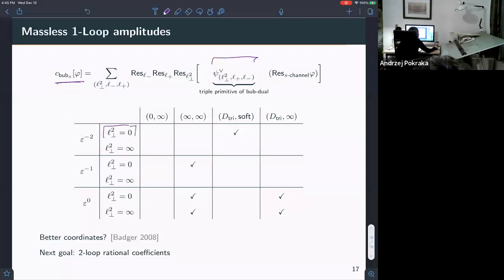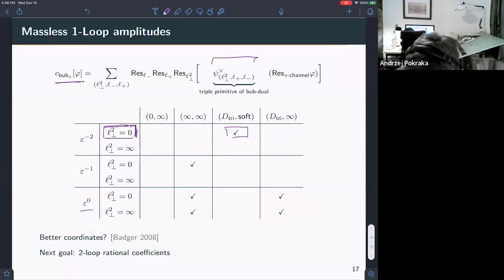We get a residue at L perp squared equals 0, and that's the 4-dimensional limit, right? This L perp is the radius of this extra minus 2 epsilon dimensional part of the loop momentum space, and we're setting that to 0, so that's the 4-dimensional limit. And then we also get a contribution from the soft singularity of the triangle. So this makes perfect physical sense that these are the residues that are contributing to this coefficient.